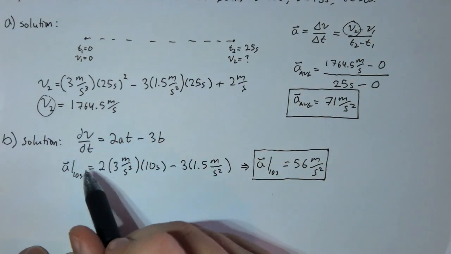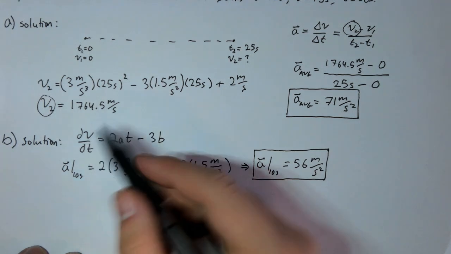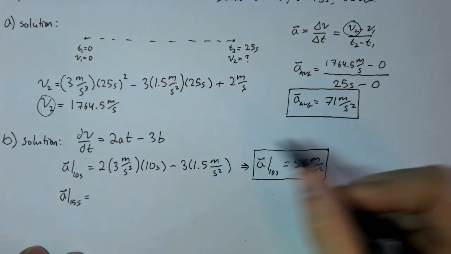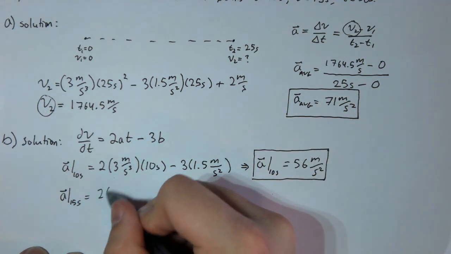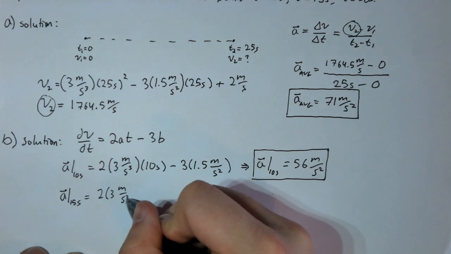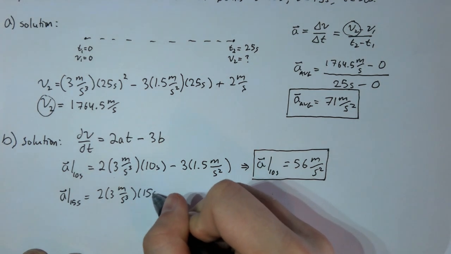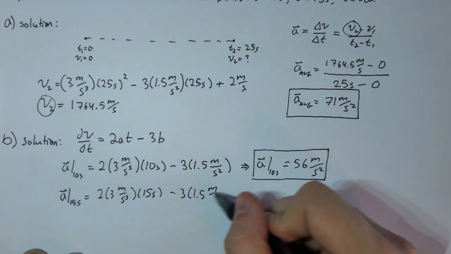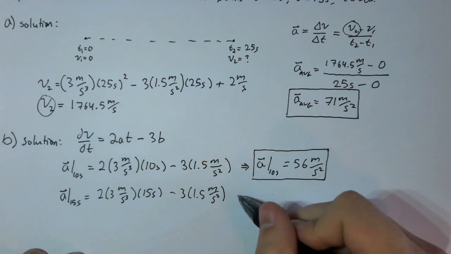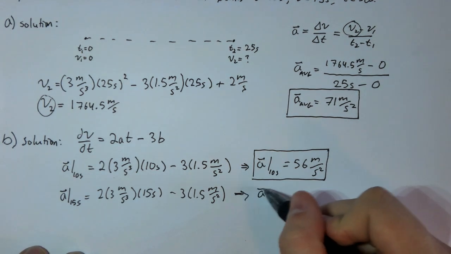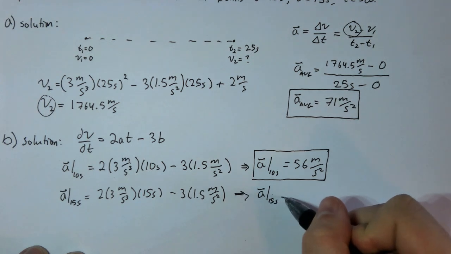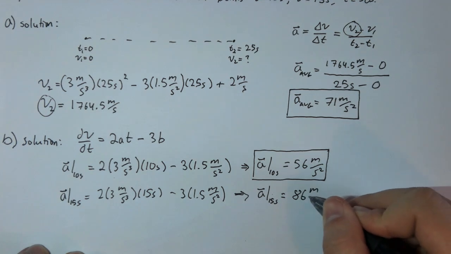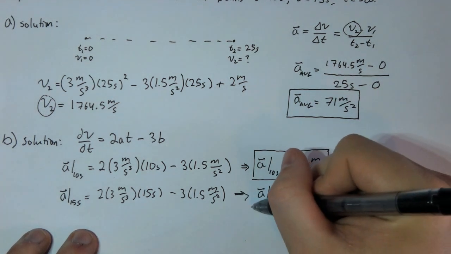Now we can plug in 15 seconds into here. So we get 2 times 3 meters per second cubed again, times 15 seconds, minus 3 times 1.5. That term is always going to be the same. And at 15 seconds, our acceleration is 86 meters per second squared.